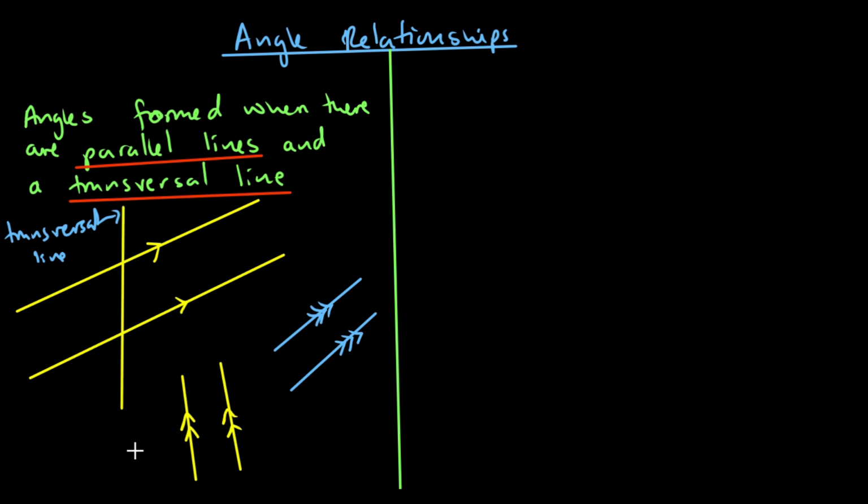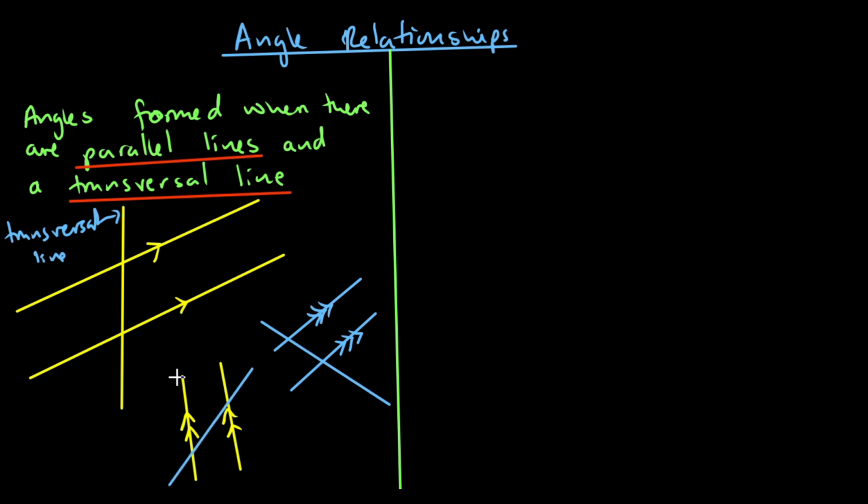A line that is drawn cutting across two parallel lines is called a transversal line. So this one is an example of a transversal line. I may have another transversal line like this. This is a transversal line. Again, this is a transversal line.